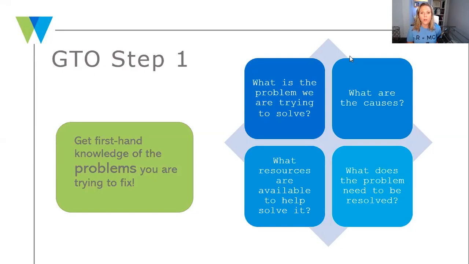So GTO Step 1 is really about going out there and collecting data and understanding from the people on the ground what is the problem you're trying to solve. Many times when we work with communities or districts or different organizations, people have a general sense of what they want to solve.